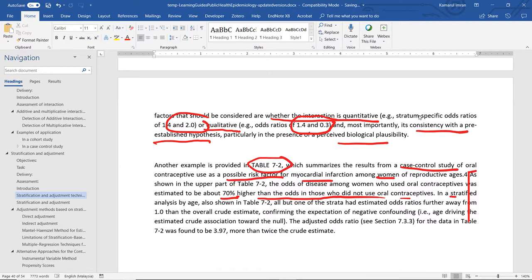But if you stratify, all but one of the strata had estimated odds ratio further away from 1.0. So this confirmed the expectations of negative confounding, that is, age driving the estimated crude association toward the null.